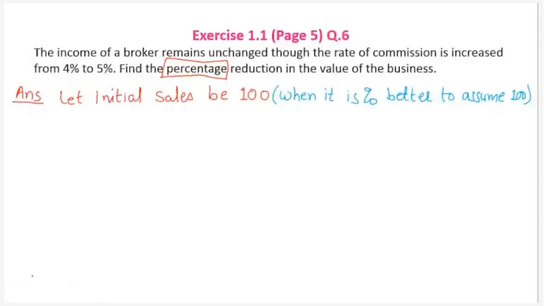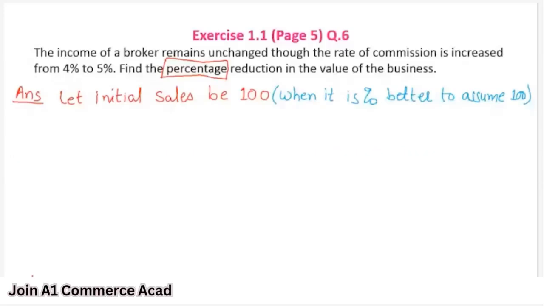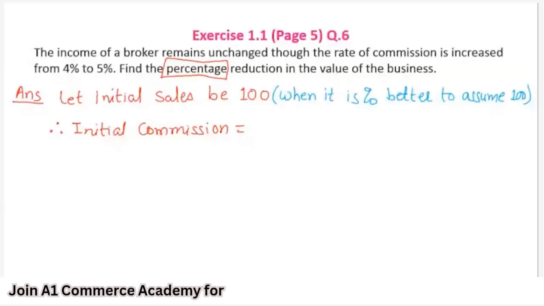Therefore, what is the commission? Initial commission is equal to sales multiplied by the earlier percentage. What is the earlier percentage? 4.